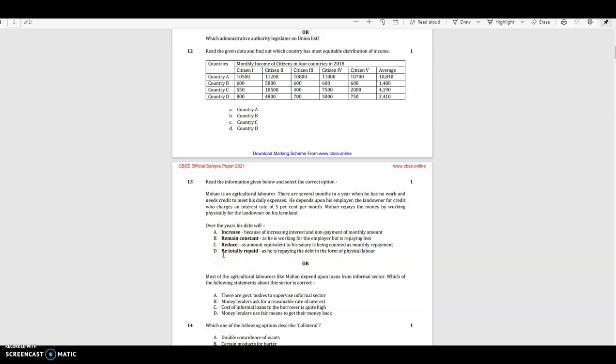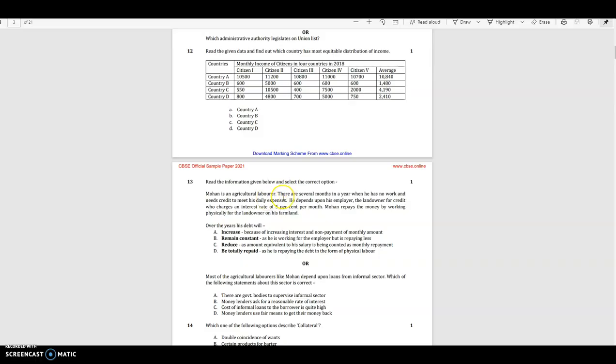Then D, be totally repaid as he is repaying the debt in the form of physical labor. So which is the correct option? Option A, increase because of increasing interest and non-payment of monthly amount.